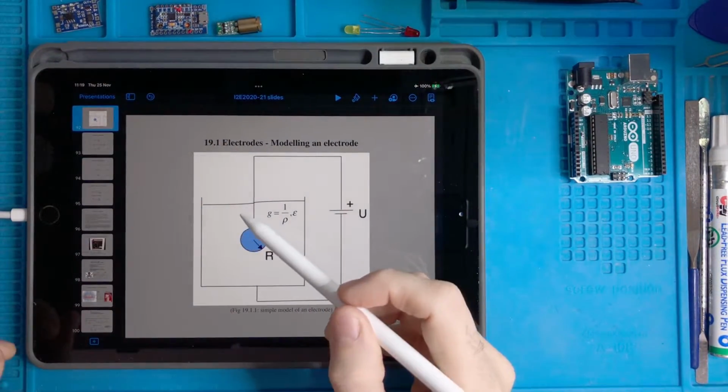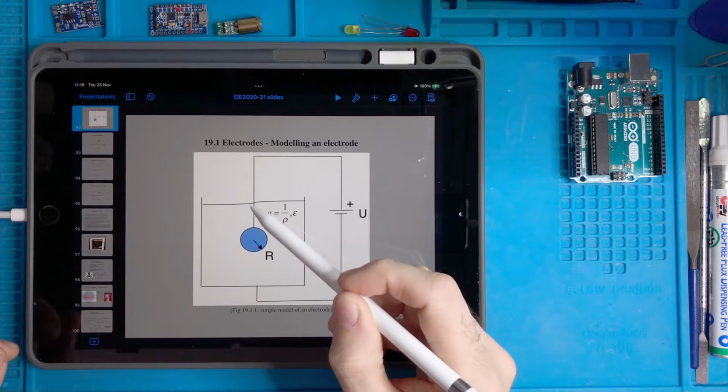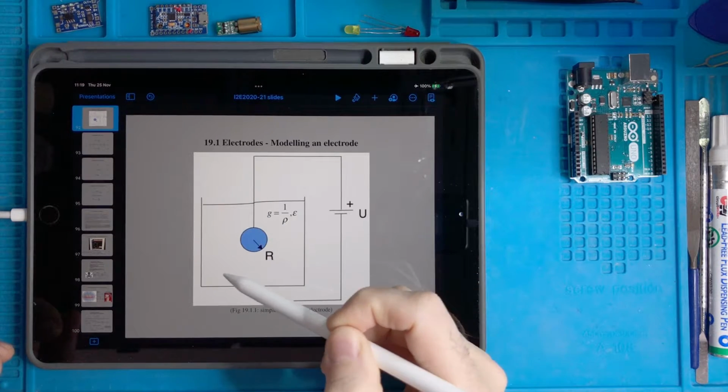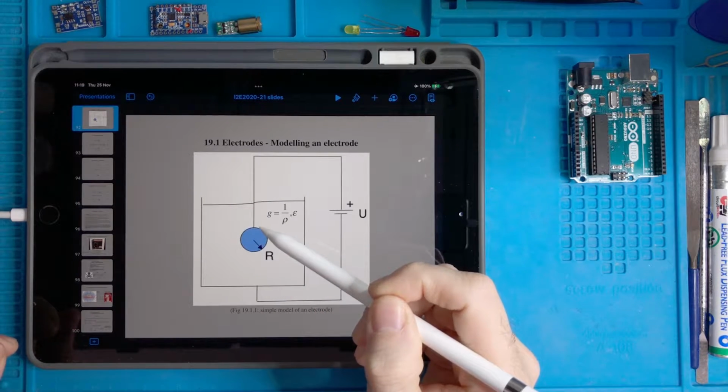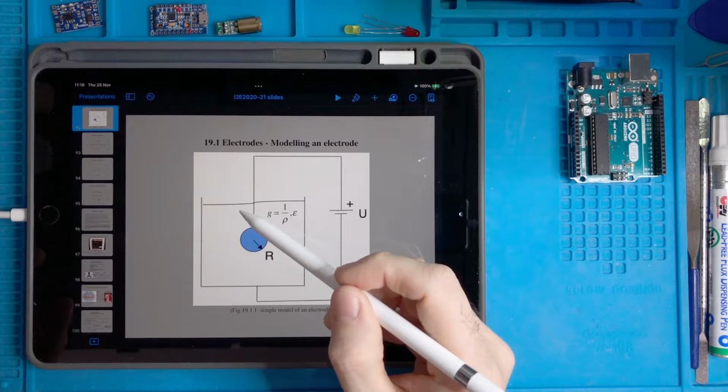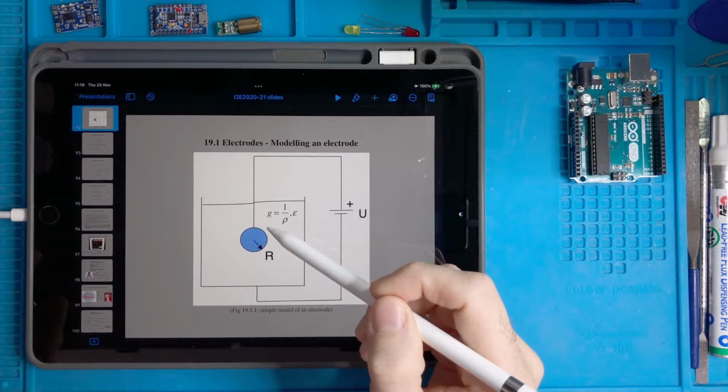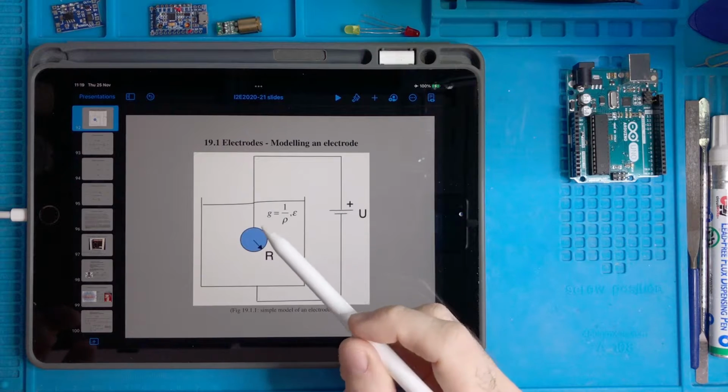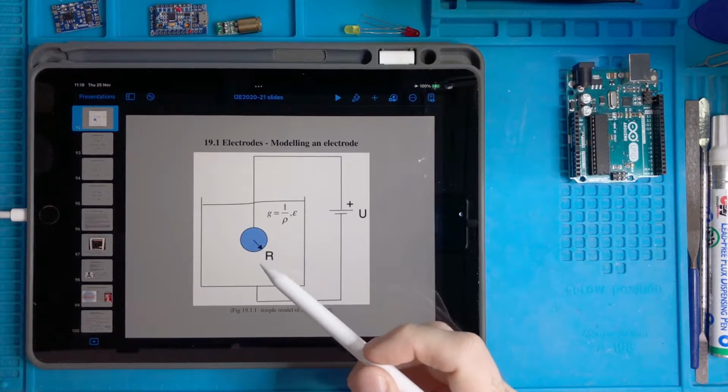So even if this wire is insulated, so it's not in contact with the fluid, still it contributes to the electric field. So the electric field in this region will not be exactly the one of a sphere.